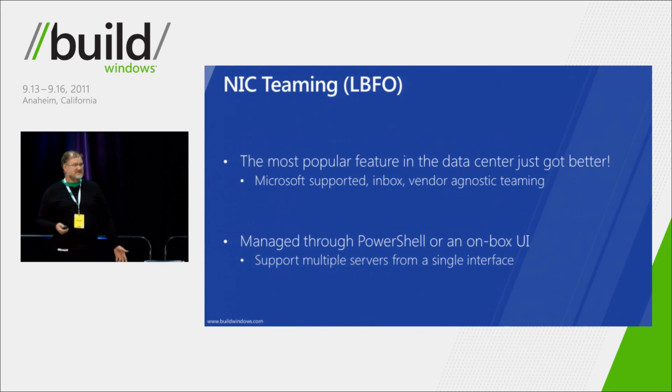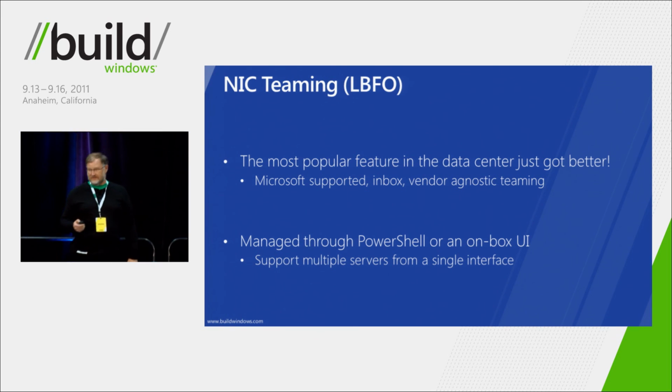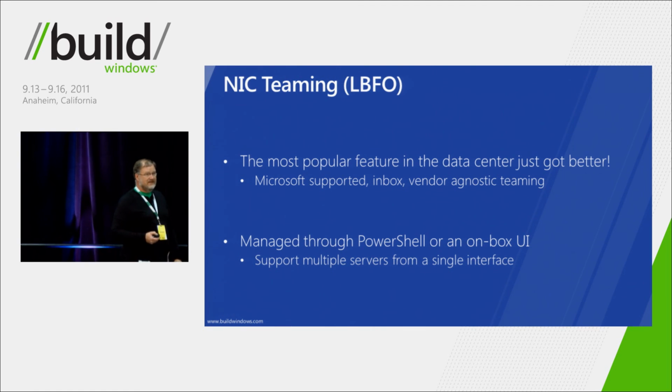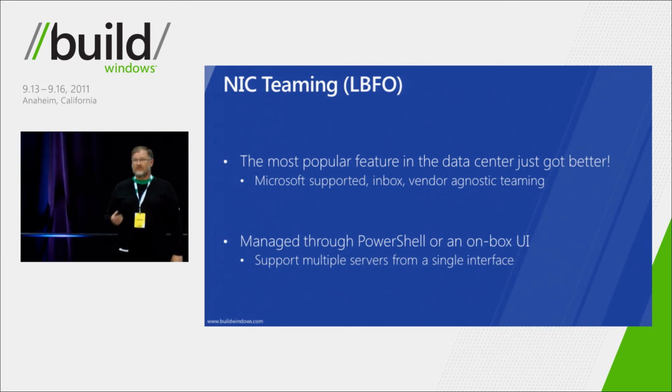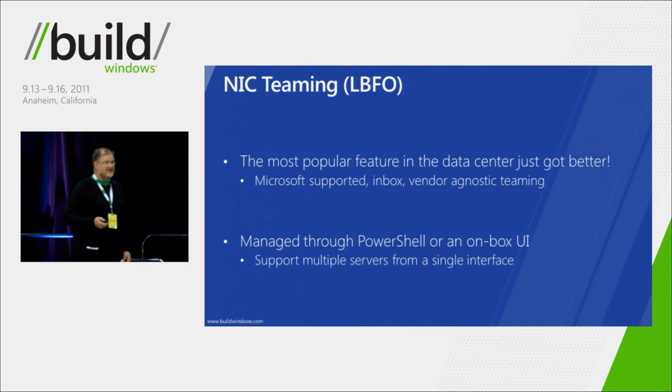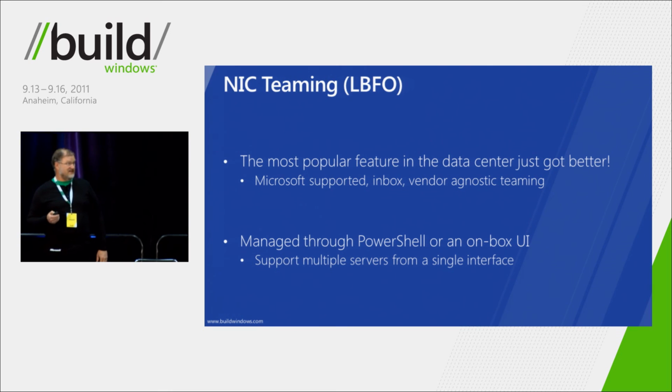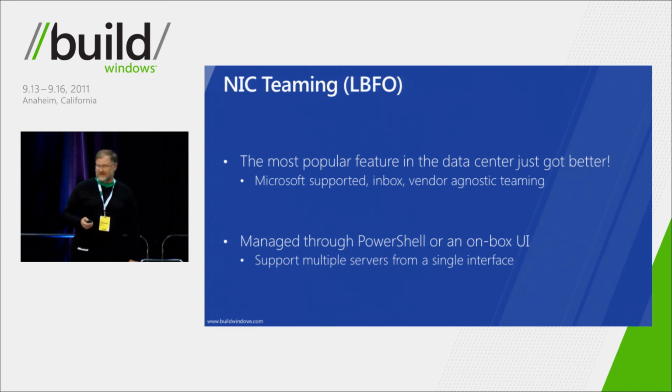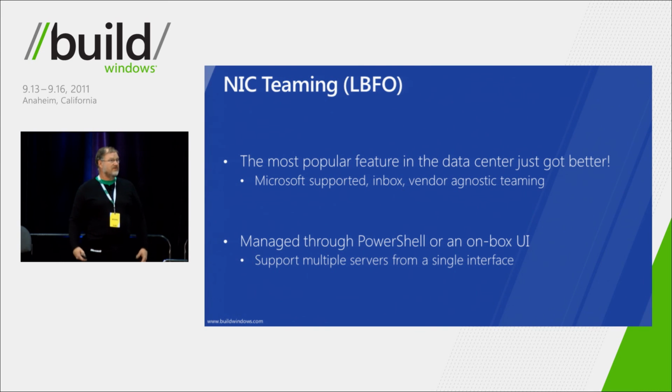Once they have a Microsoft-supported solution, we think it could go higher. We are completely vendor agnostic. We support teams of up to 32 NICs. And those 32 NICs could be one each from 32 vendors, if we could find 32 vendors. It doesn't matter. The features that we represent up will, of course, be very dependent on the features that the underlying NICs support. And all of it is managed through PowerShell or through a UI that is a front end for PowerShell.